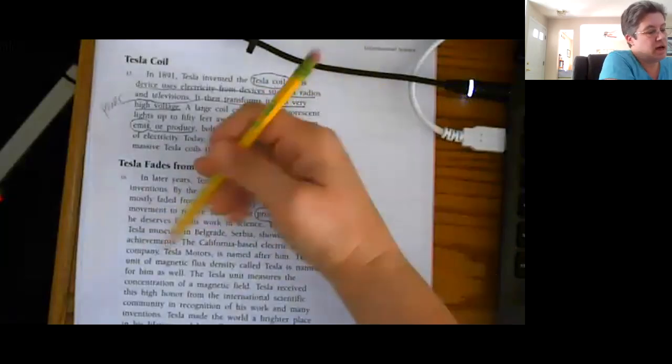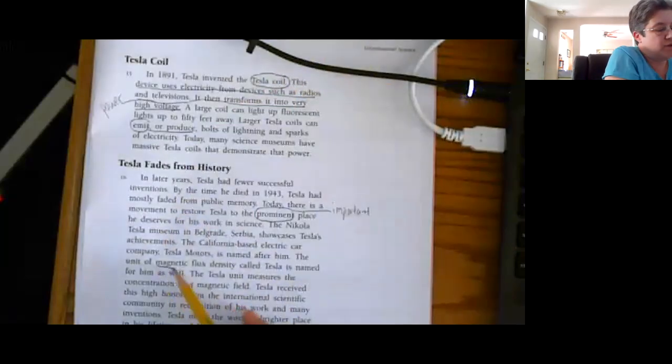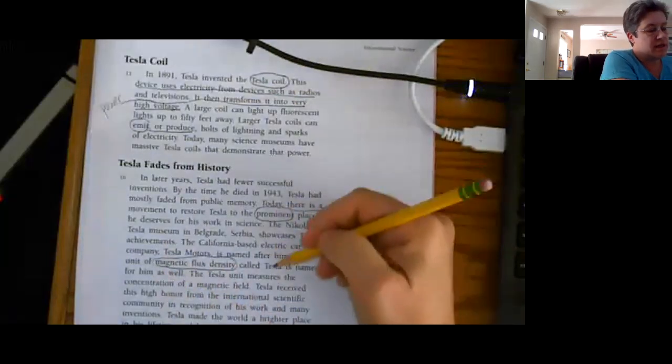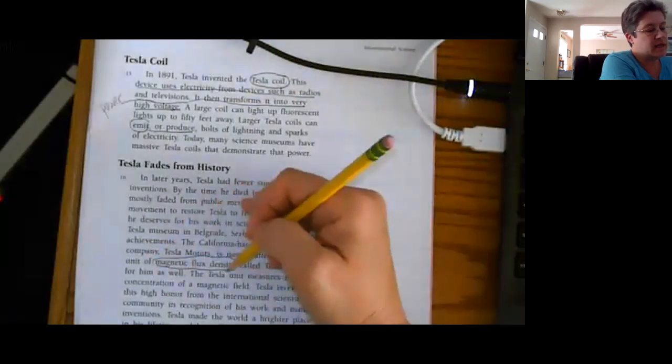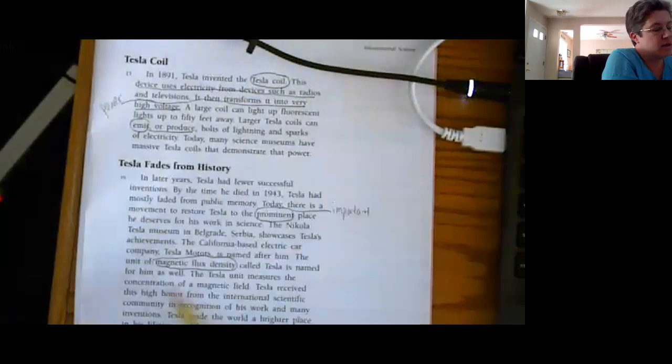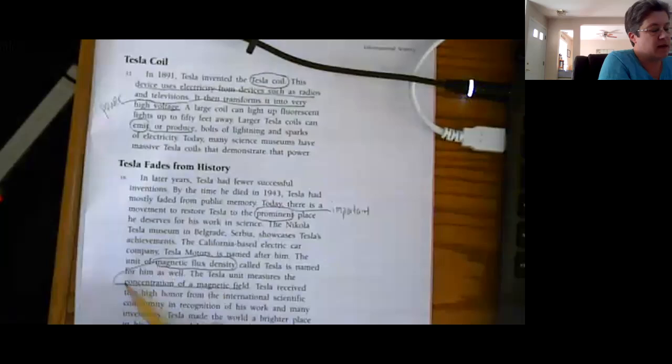The unit of magnetic flux density is called Tesla, is named for him as well. The Tesla unit measures the concentration of a magnetic field. So that's your magnetic flux density.